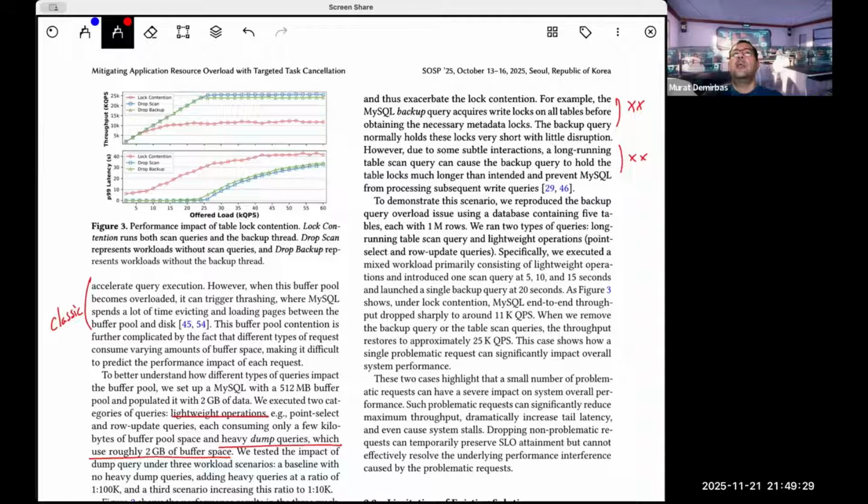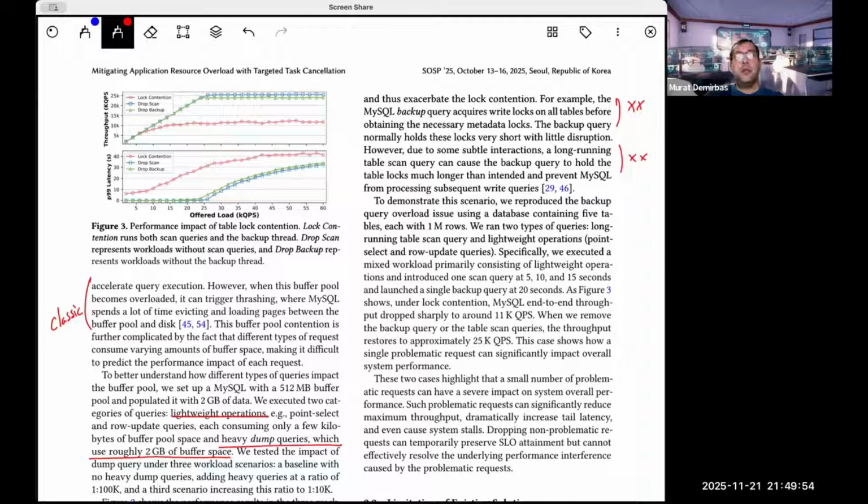As Figure 3 shows, under lock contention, MySQL end-to-end throughput dropped sharply to around 11 kilo QPS. When we remove the backup query or the table scan queries, the throughput restores to approximately 25 kilo QPS. This case shows how a single problematic request can significantly impact overall system performance.